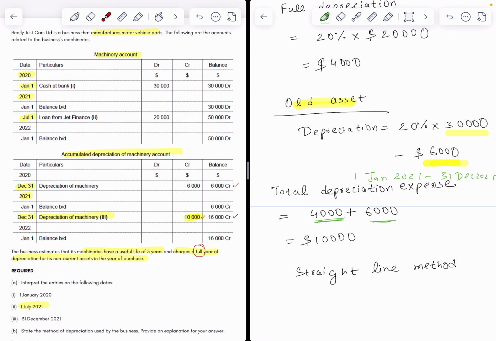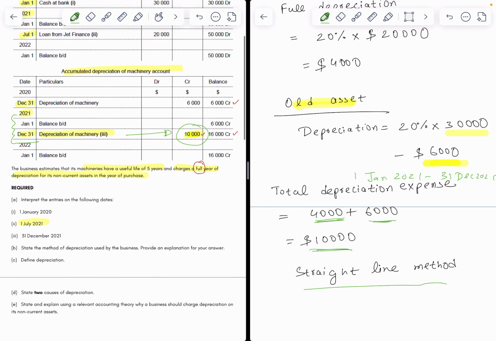So altogether that gives us $10,000, which clearly validates what is given here in the accumulated depreciation of machinery account at 31 December 2021 for the depreciation expense for that relevant year that we have recorded. All right. So therefore, we can clearly and confidently say that we have a straight line method.